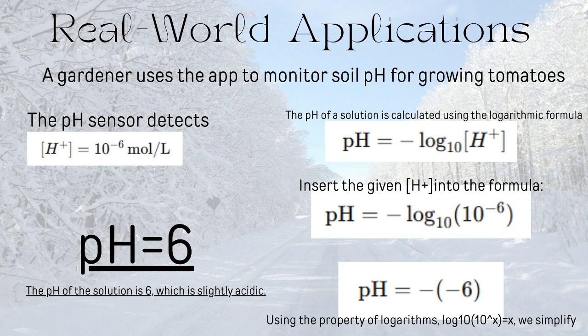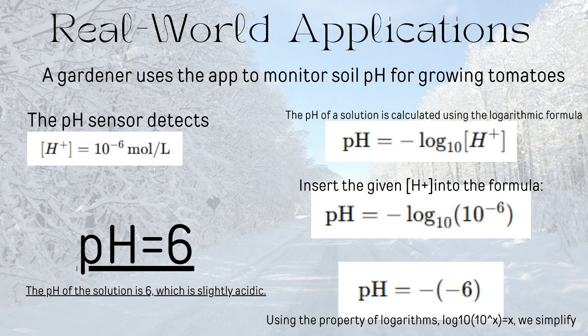The pH sensor detects hydrogen ions equal to 10 to the power of negative 6 per mole. Then the pH of a solution is calculated using the logarithmic formula, pH is equal to negative log of hydrogen ions with the base 10.